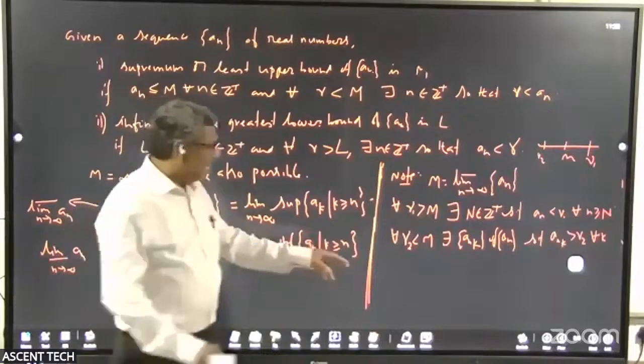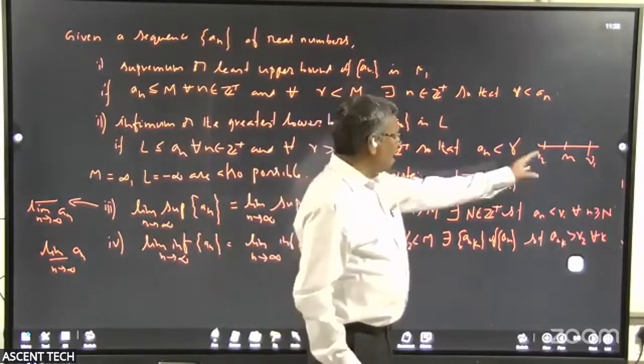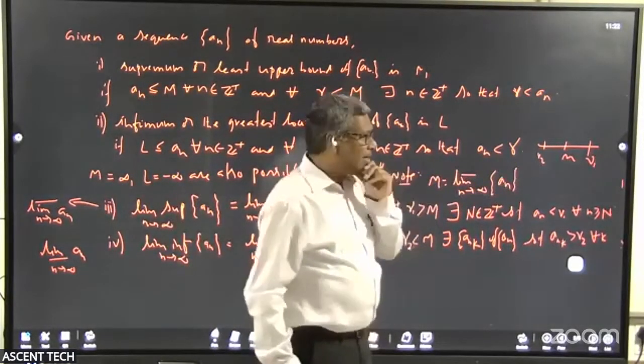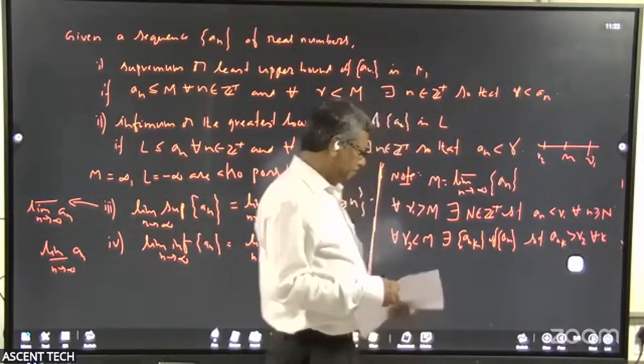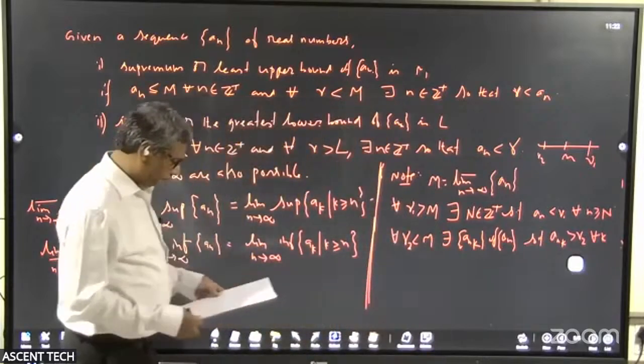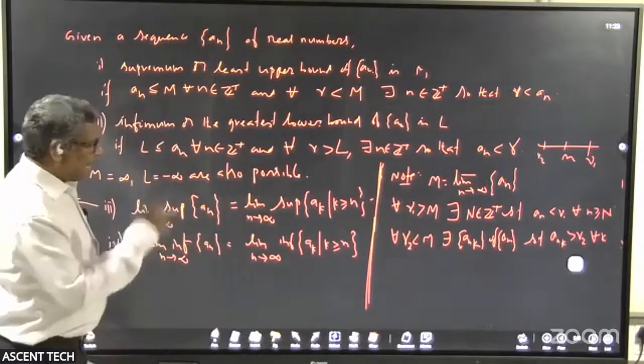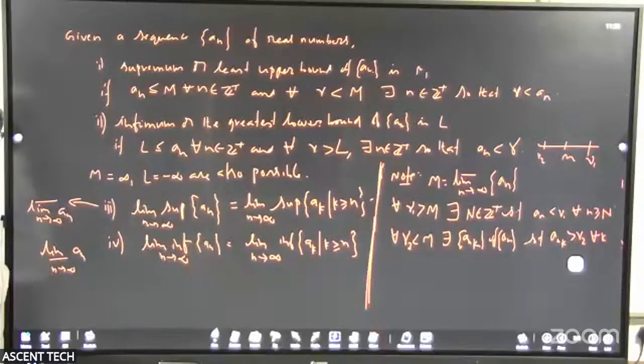So I can only cross R2 infinitely often. That is why it is not the limit supremum. Don't worry. We are just at one. So there may be sequences where you won't find any limit supremum. Infinity will be the limit supremum then.